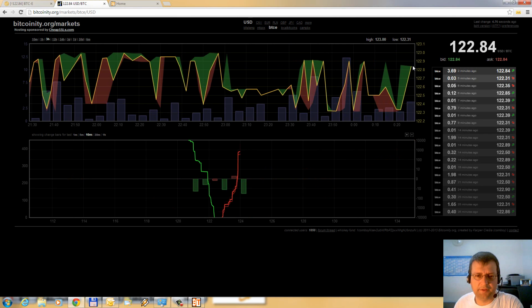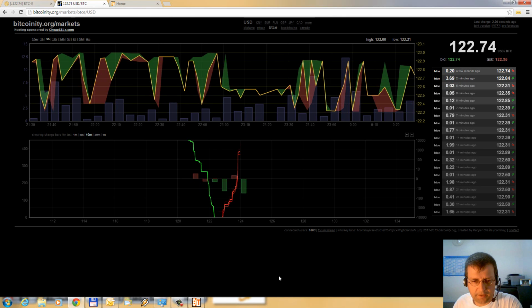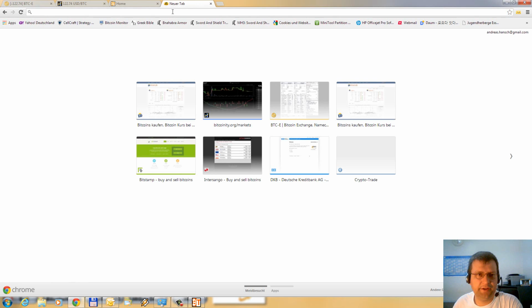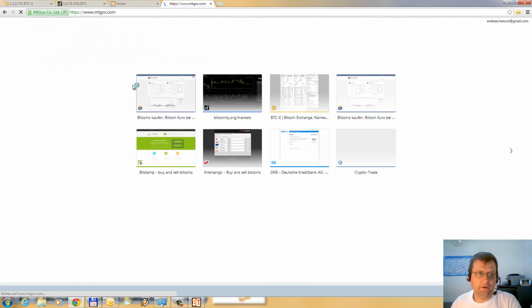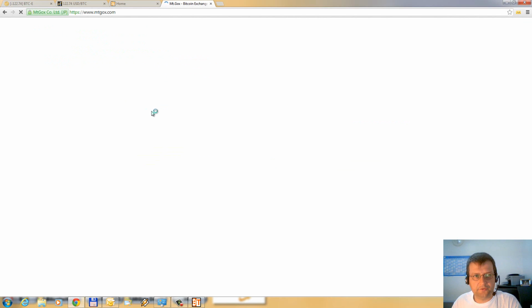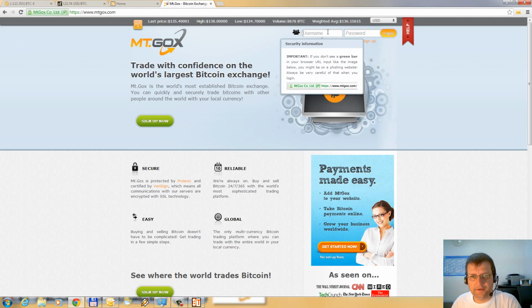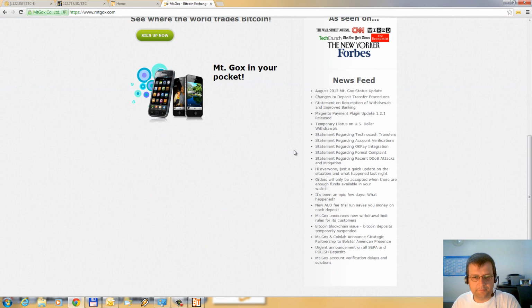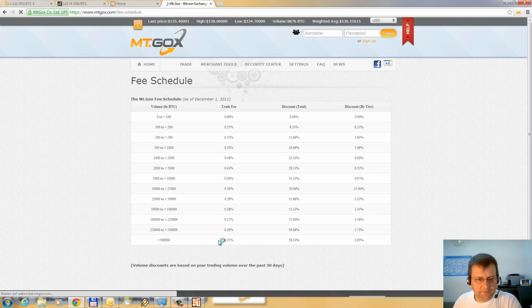But anyway, the difference is caused by the trading fee, because if you look at Mt. Gox, you have a much higher trading fee. I can show you. It's shown in this fee schedule, and the trading fee for beginners at Mt. Gox is 0.6%, which is 3 times as much as the trading fee at BTCE.